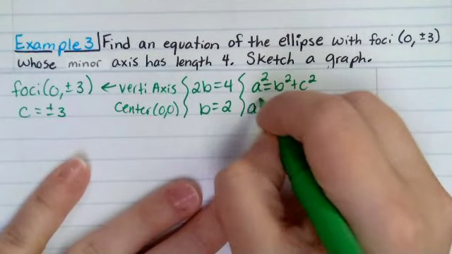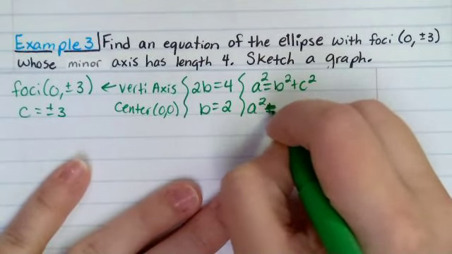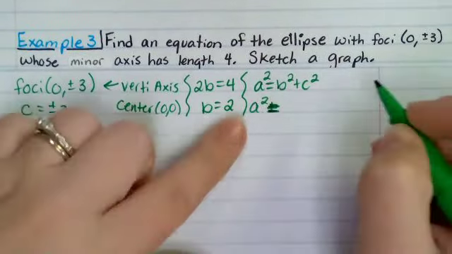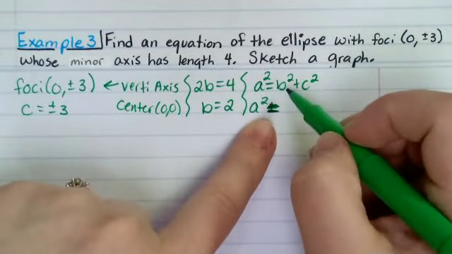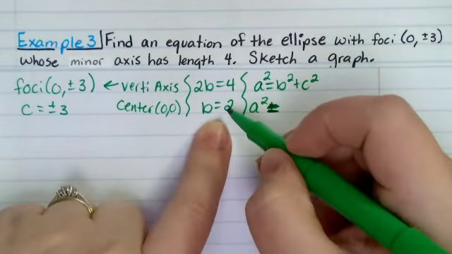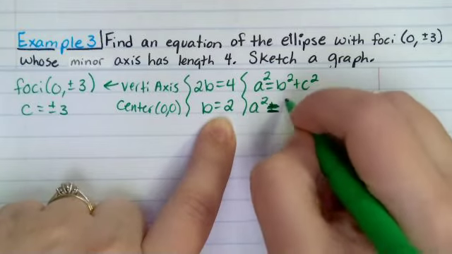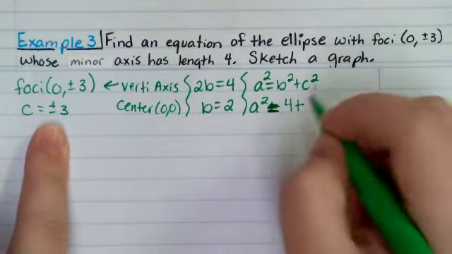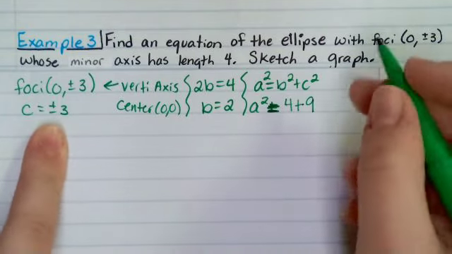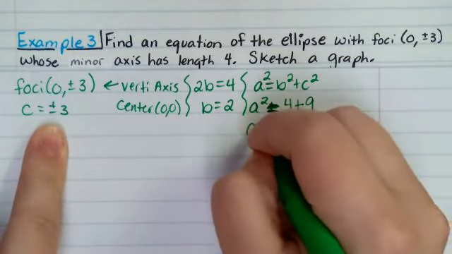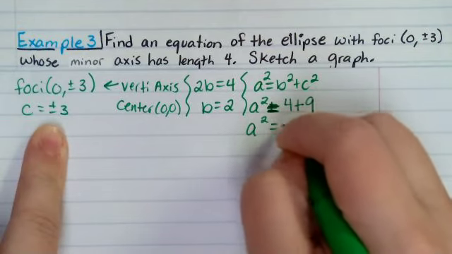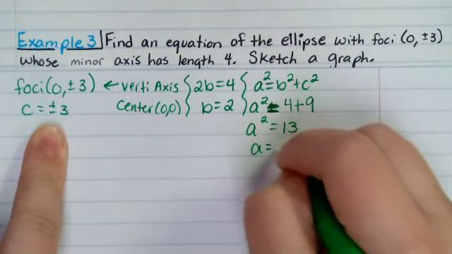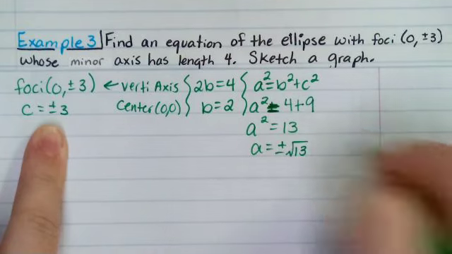I still want to do the Pythagorean theorem exactly the same way, but this one's a little different. So b squared: b is 2, 2 squared is 4. And then c squared: if c is 3, 3 squared is 9. I'm just making some shortcuts here so that we can get through this. a squared equals 13, so a is going to be the square root of 13.